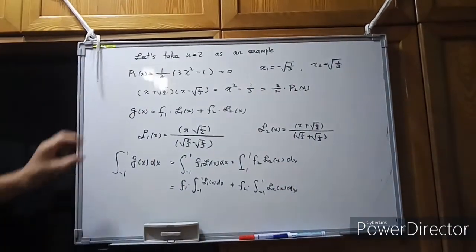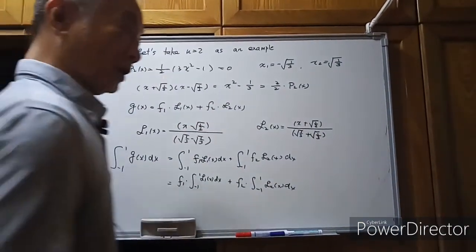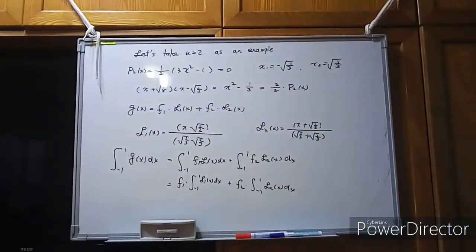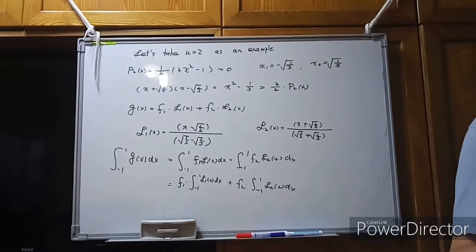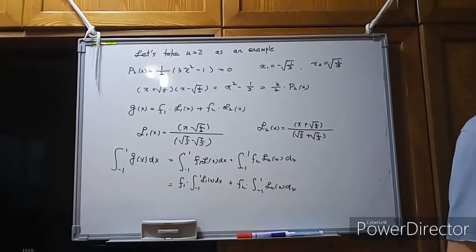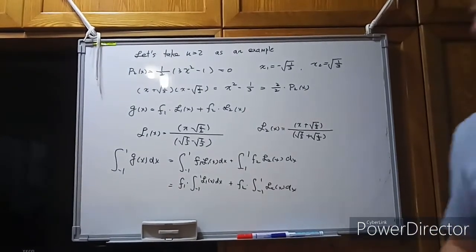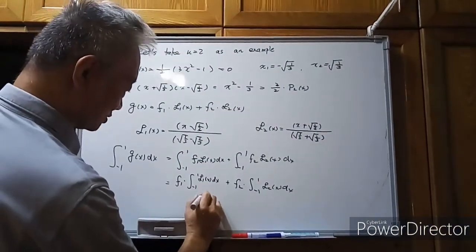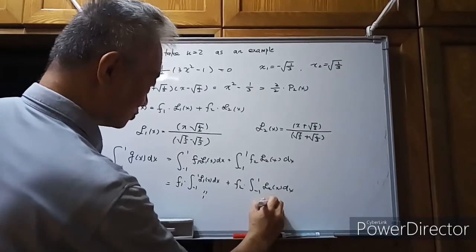Okay. Remember, we know the L1 and the L2. So the integration of the L1 and the L2 can always be calculated since we know both x1 and x2. And if you check the integrations, you will find this one is equal to 1, and this one is equal to 1.